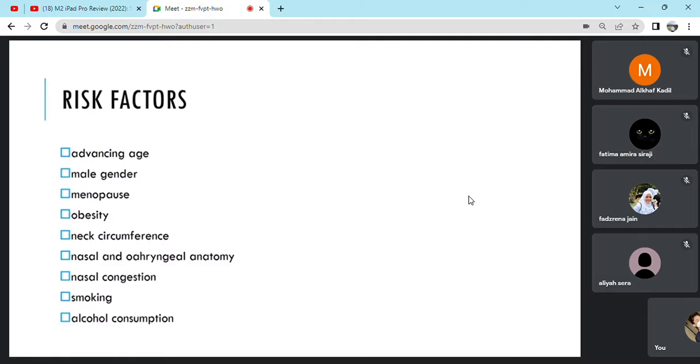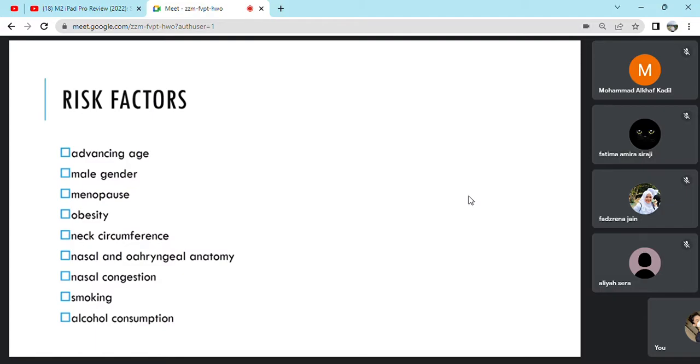And again, as I've said, mas sila yung correlated sa alcohol consumption, smoking, and all the like. Well, I'm not saying that women cannot also have OSA, because there are certain reported patients who are females who are also suffering from OSA.